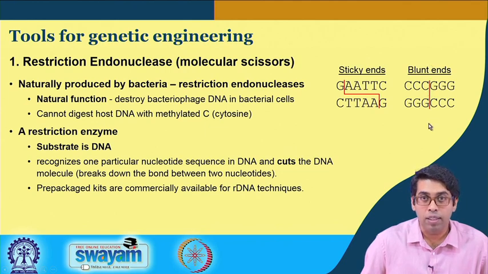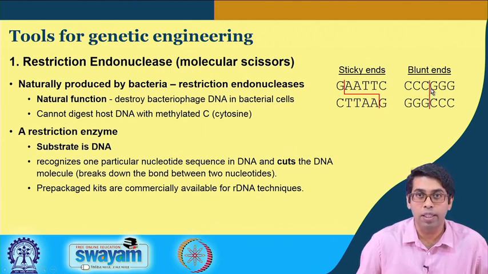It will cut exactly like this, so that there are no DNA overhangs left, but sticky ends they cut like this, which means that this double stranded DNA will have this TTAA extra, and the other part will have this AATT extra.